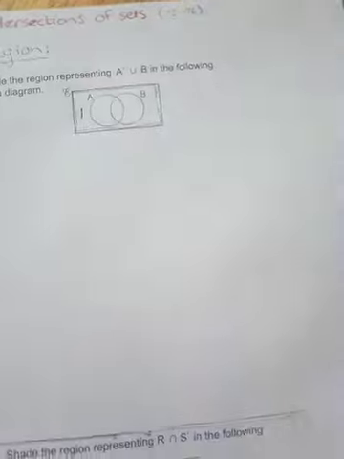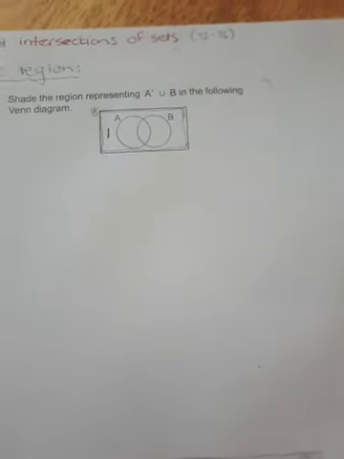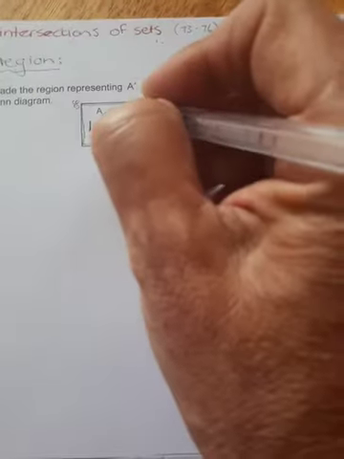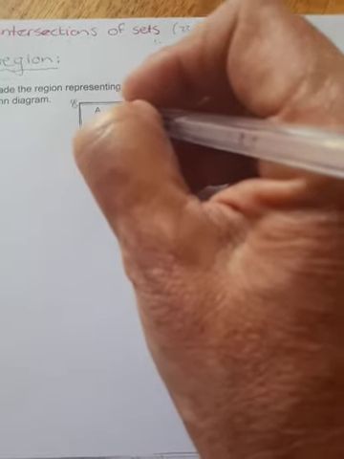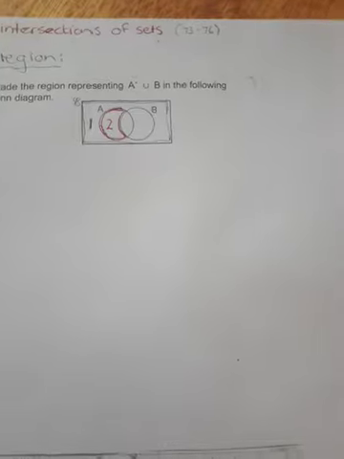This is region 1. Then the second region you can identify is the set of A without the intersecting part. So only this part. That is region 2. Then the next region we recognize is the overlap, which we label as region 3.